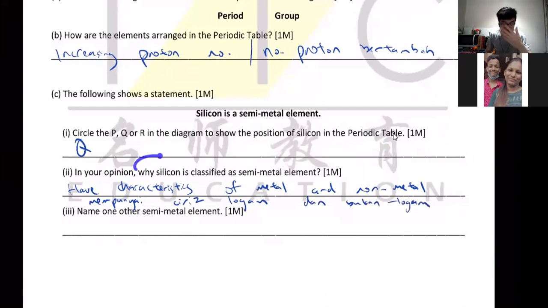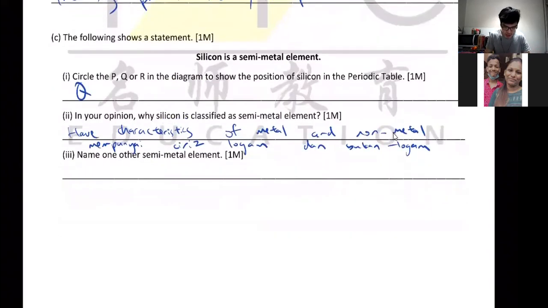So silicon is a very special element. All your electronic stuff is made from the semi-metal silicon. That's why in the silicon industry, we call it semiconductor. You know what a semiconductor is? This is not coming out in your exam, but it's a fun fact.